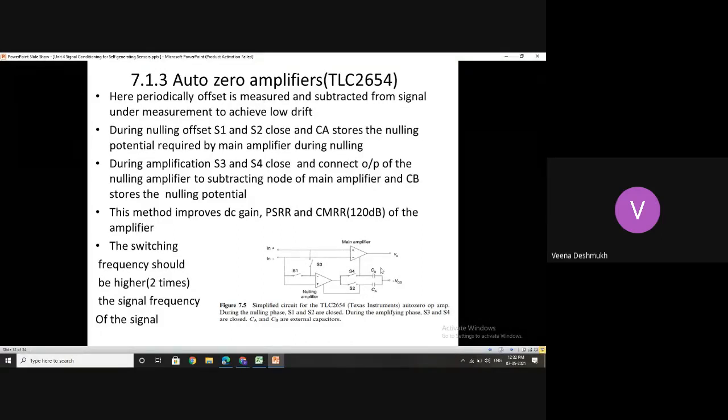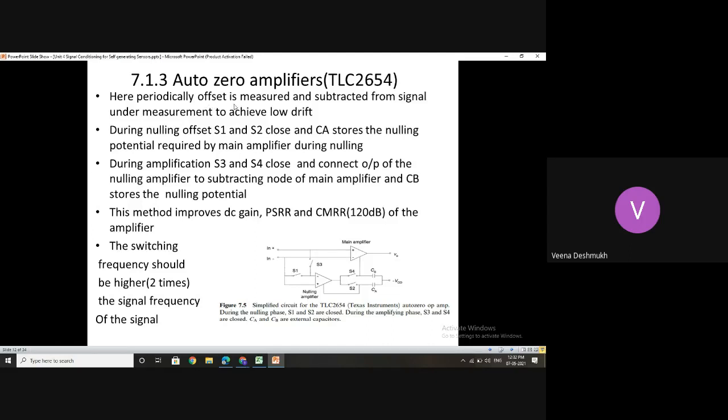There are two capacitors used, CA and CB. These two capacitors are used to hold the charges equivalent to the offset which is there. So these two hold the potential equivalent to these offsets. We'll see how exactly it works.